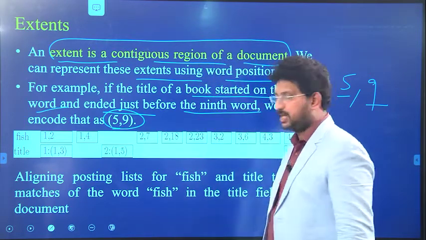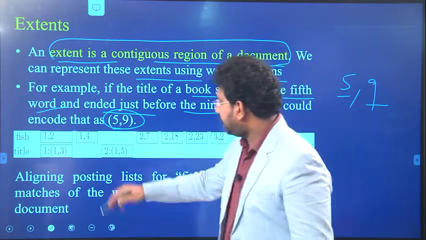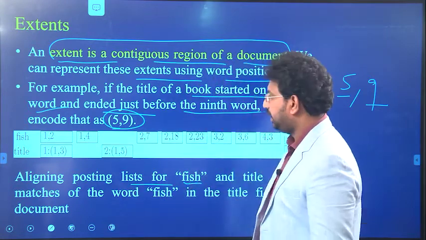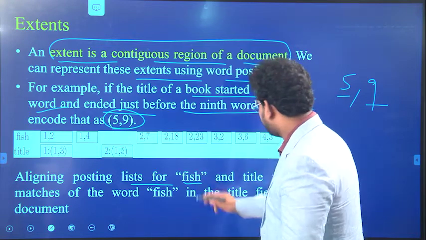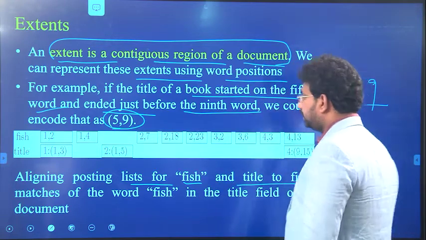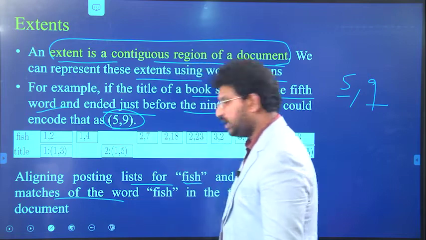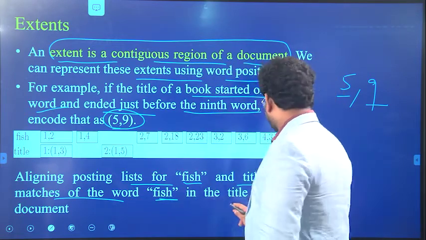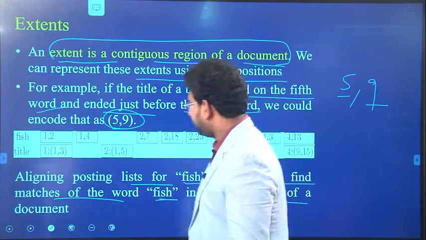In the example, we are aligning the posting lists for fish and title to find matches of the word fish in the title field of a document.